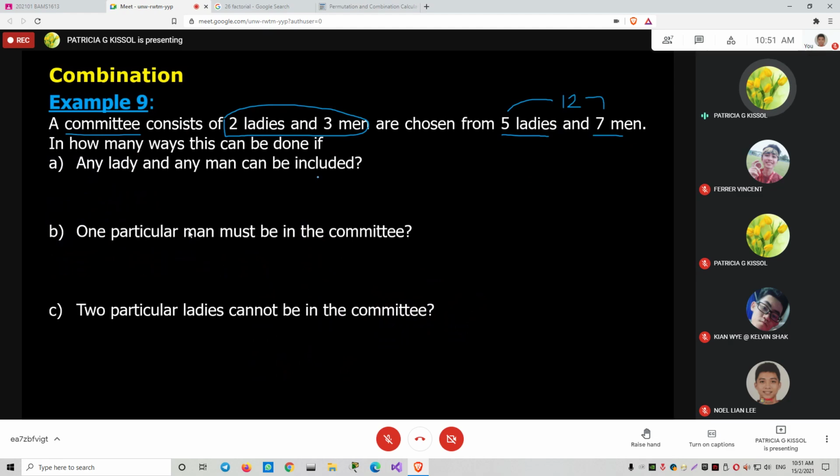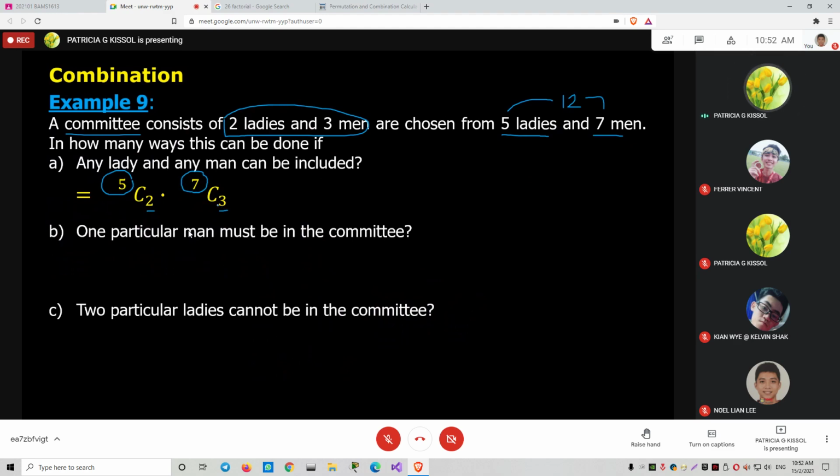So there's no limit. For this case, I can choose 2 ladies from the 5, and 3 men from the 7. So from the ladies, 2 are chosen for the committee, and from the 7 men, 3 are chosen.